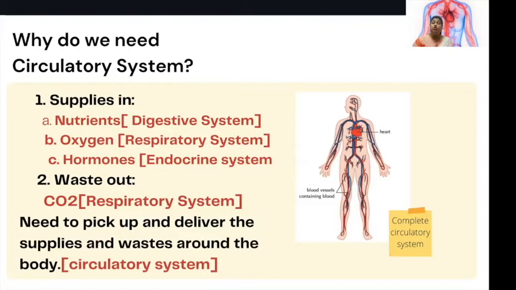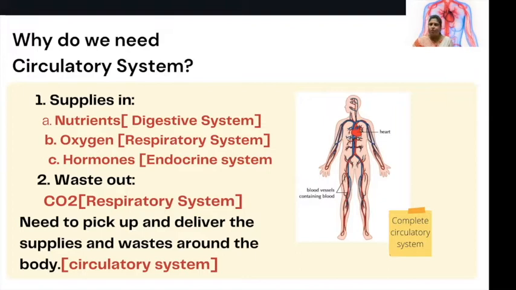So the need to pick up and deliver the supplies and waste around the body is called the circulatory system. Simple. It picks up nutrients from the digestive system, oxygen from the respiratory system, hormones from the endocrine system, and delivers them to the other parts of the body.